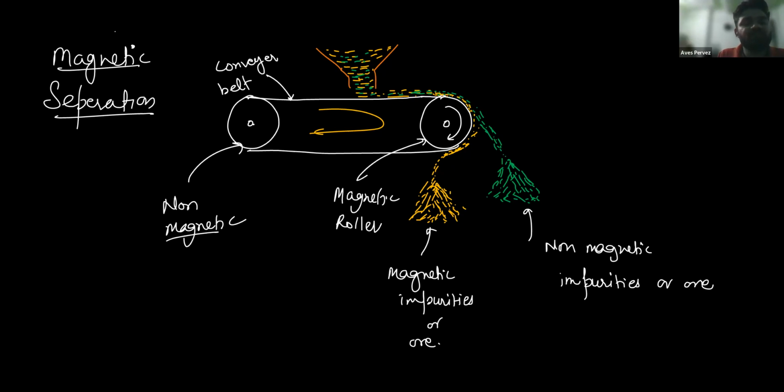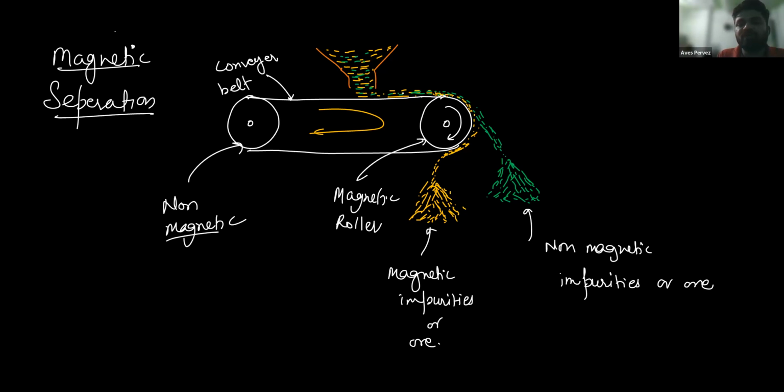If we have this belt, this is a conveyor belt, and these are the rollers. This roller is a magnetic roller, and this is a non-magnetic roller. The conveyor belt is moving.